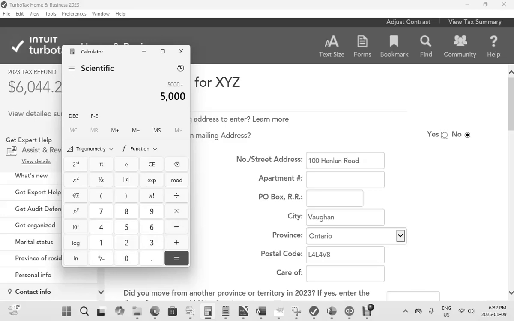If you do the math, you changed the gross business income from $2,257 to $5,000, a difference of $2,742.99.